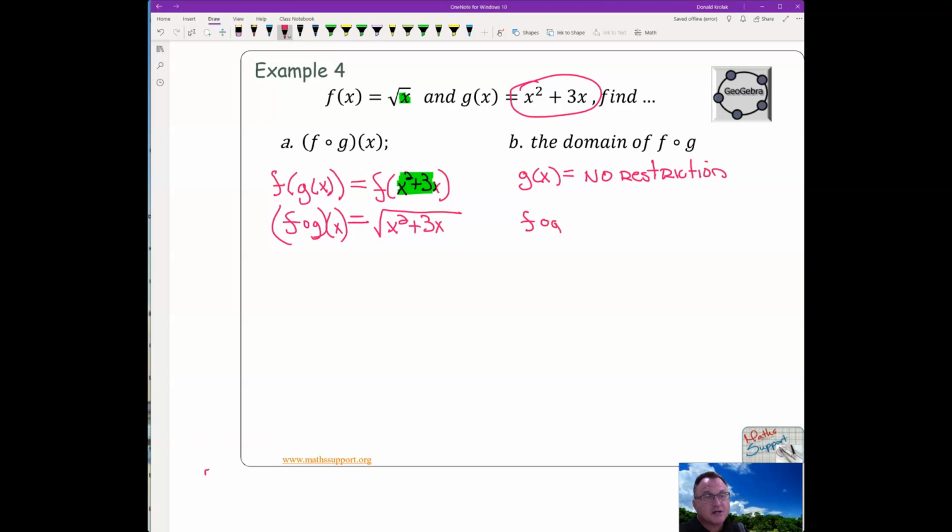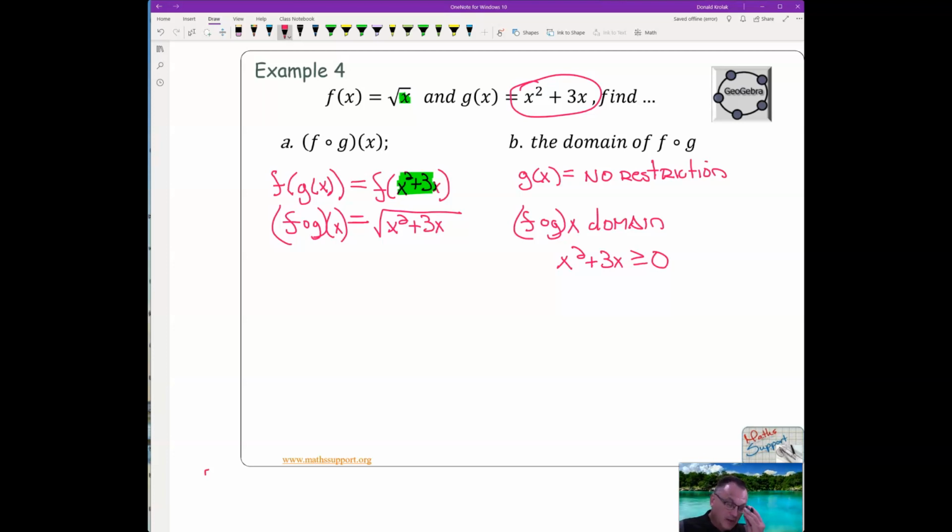All right, so to get the domain of our composite, well, this is under a square root, so it's got to be greater than or equal to 0. So this was the exact same expression that we did in the warm-up at the very beginning of class.